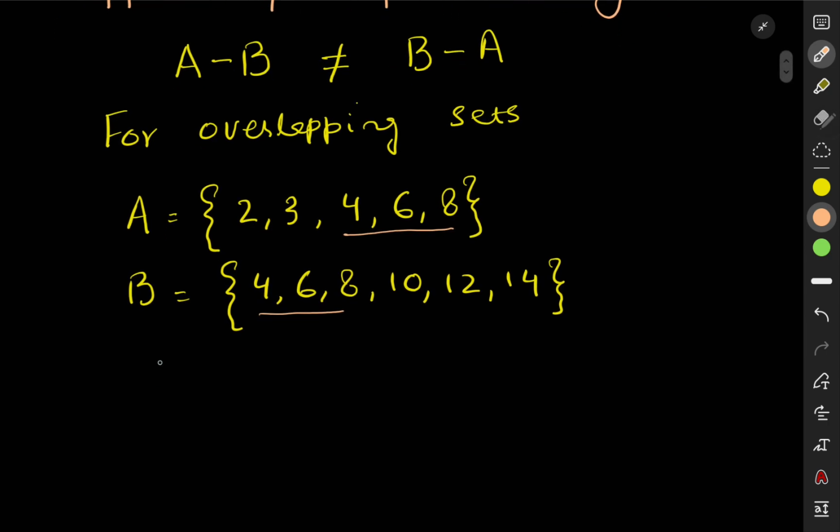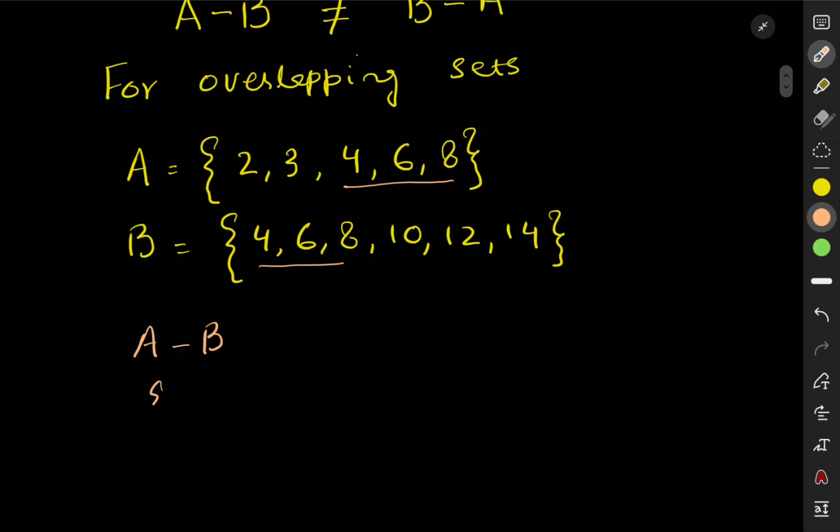So for A difference B, if we remove these overlapping members from A, the remaining members are 2 and 3.